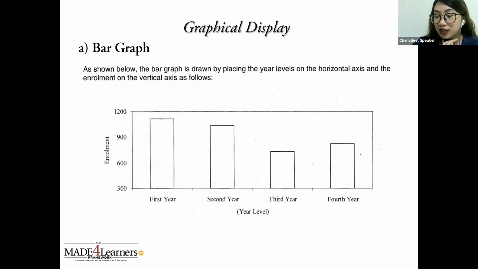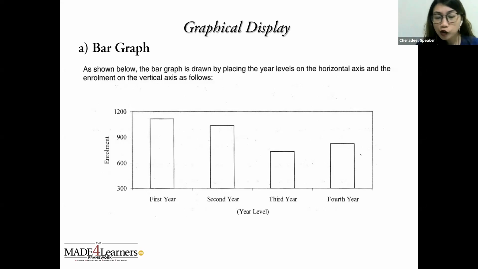Because they are mutually exclusive. Mutually exclusive meaning to say they're not related to one another. The first year enrollment is not related to the second year enrollment. That's why the gap is present. Okay? So the gap is present because they are not related to one another.